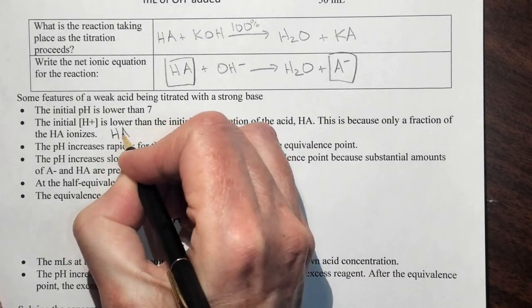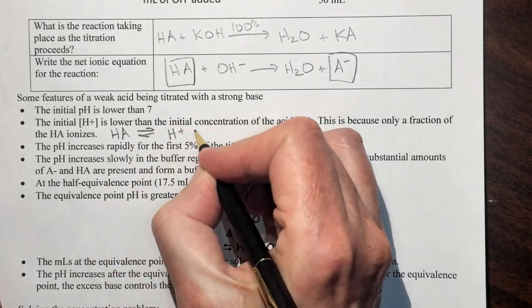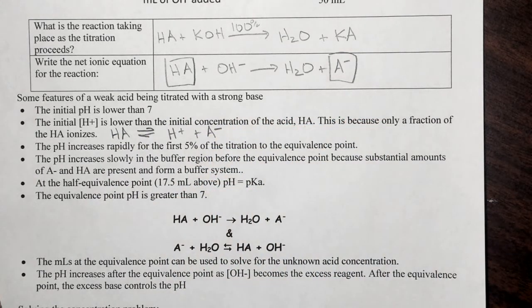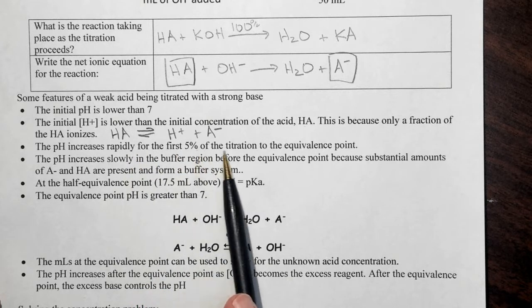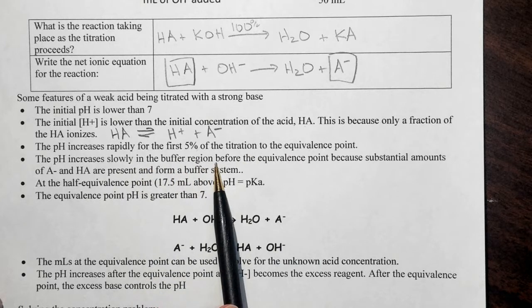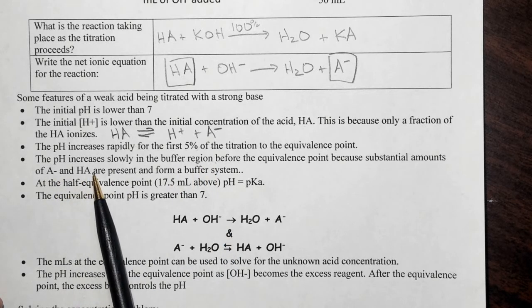So if we have our initial concentration, we've got an equilibrium going on, HA in equilibrium with H plus plus A minus, whereas if we had a strong acid, it went 100%. The pH increases rapidly for the first 5% of the titration towards the equivalence point. Then it's going to increase slowly in the buffer region because we're going to have substantial amounts of both A minus and HA present.